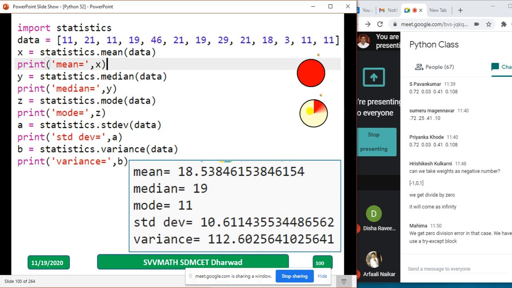Median, mean, mode, standard deviation, and variance. Another 10 seconds I'll give you. Then I'll go to the next slide.